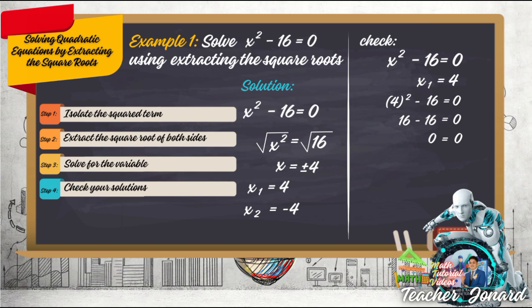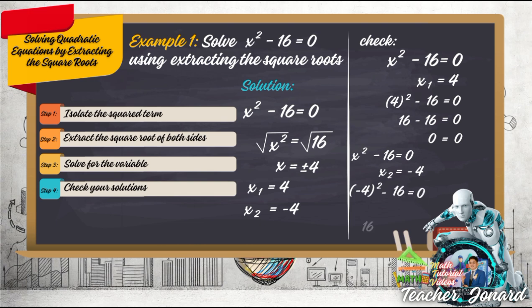The other computed value of x is negative 4. We will substitute this into the original equation, x² - 16 = 0, to determine whether negative 4 is a solution. We have (-4)² - 16 = 0.